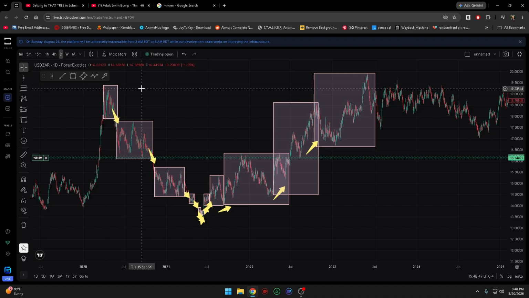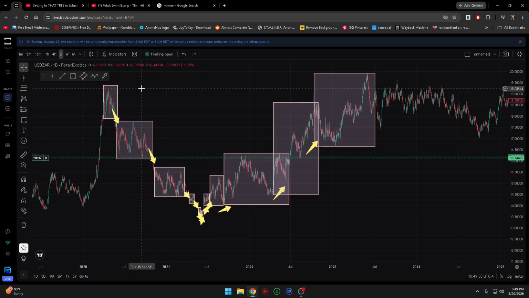The market moves to liquidity. That's where it moves. I put where. I put how does the market move, where the market moves to liquidity.